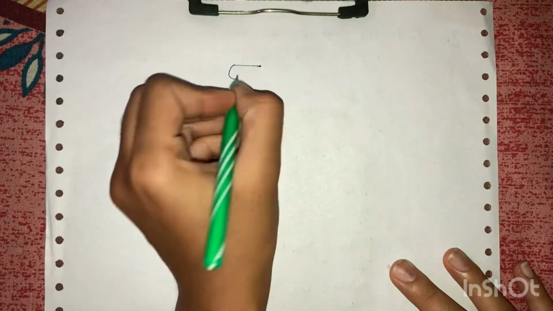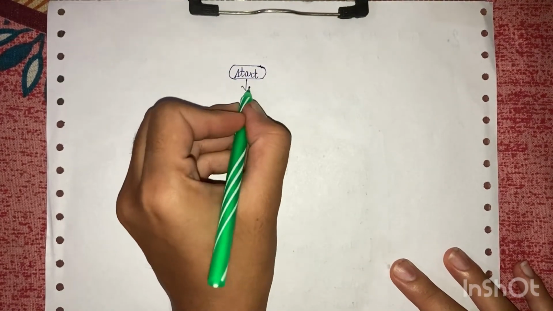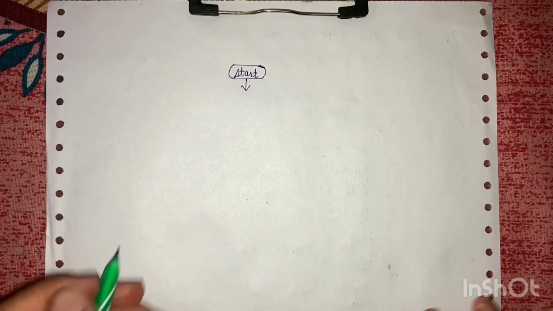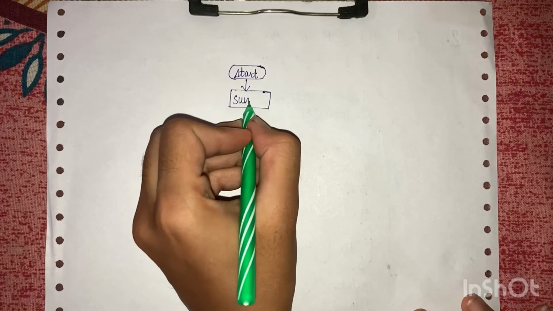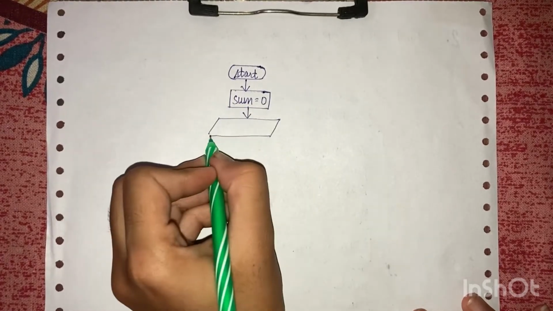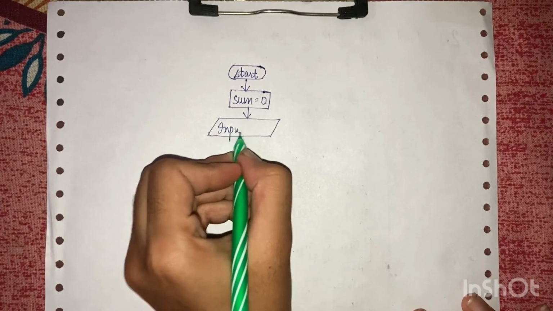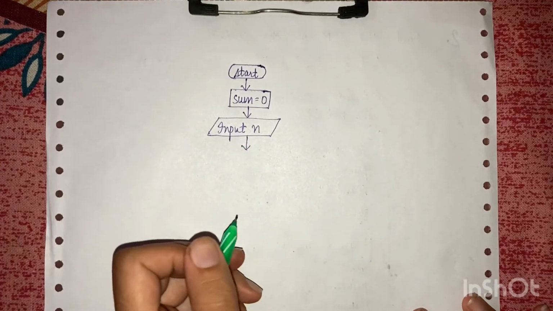So now let's draw the flowchart. So let's first write start. Then we have used sum. We have to assign sum is equals to 0. Then we are inputting n, and we use a parallelogram for input and output in flowcharts.